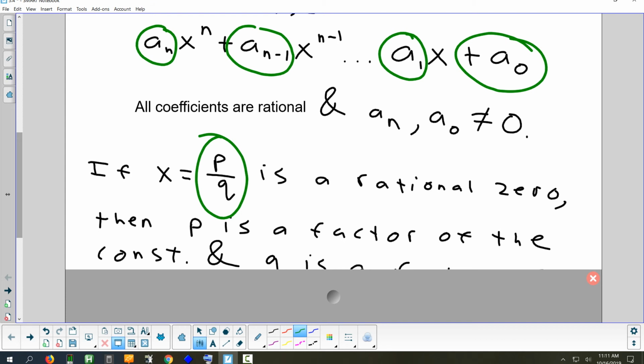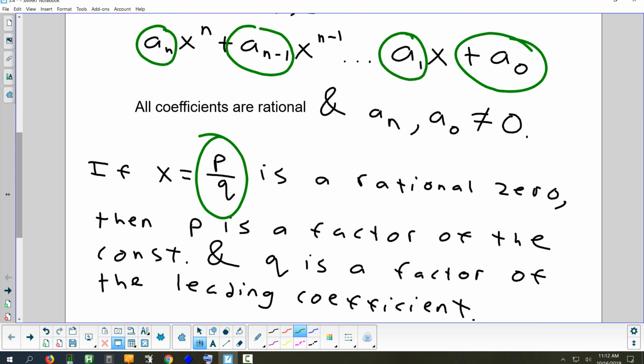And the denominator has to be a factor of the number in front. Always. It's just a special trick that always works. So if a polynomial has a root that can be written as a fraction, I guarantee you the top number will be a factor of the constant, and the bottom number will be a factor of the leading coefficient.